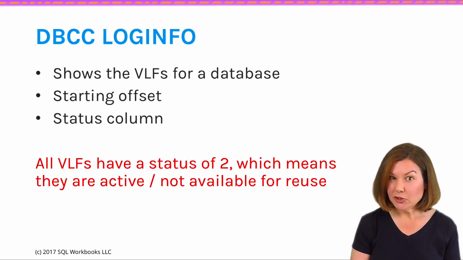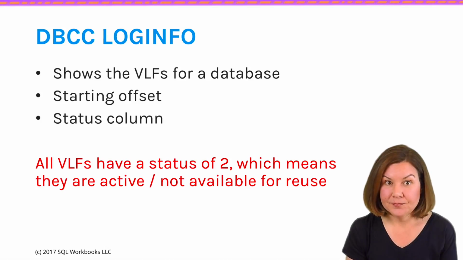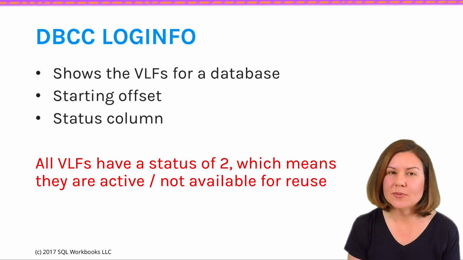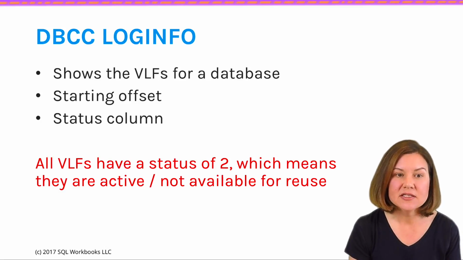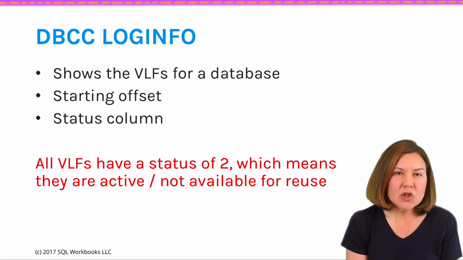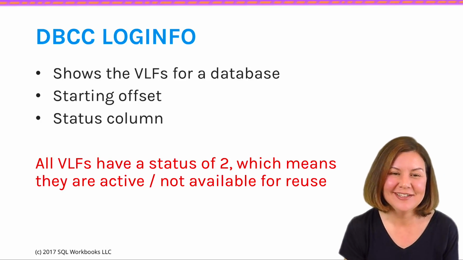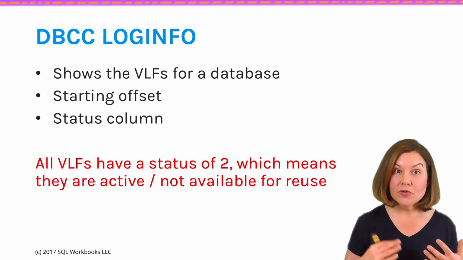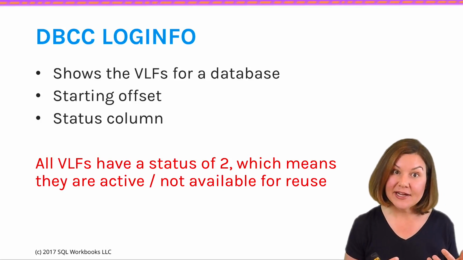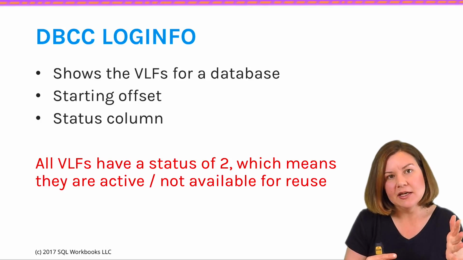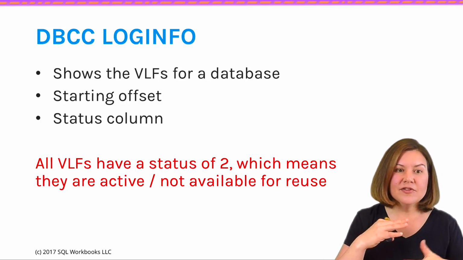We also got information about DBCC LOGINFO. I believe this one is an undocumented command. I'm not 100% sure, but I think DBCC LOGINFO is undocumented. It's been blogged about a lot. It's got a reputation. It will show you those virtual log files for a database and return sort of some cryptic information about them, stuff like the starting offset of the virtual log file.